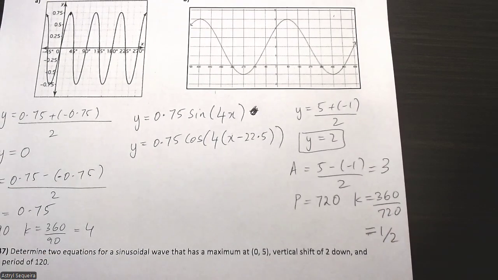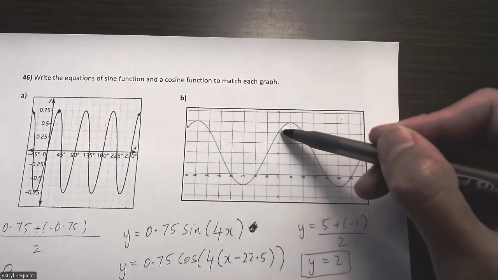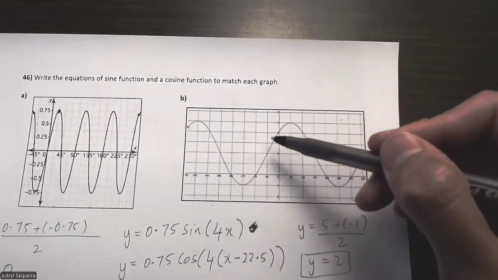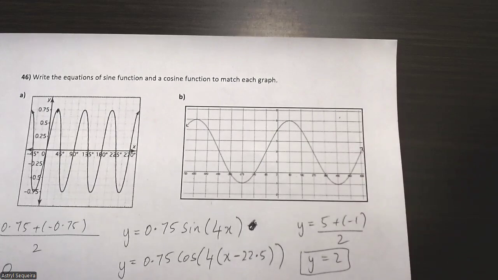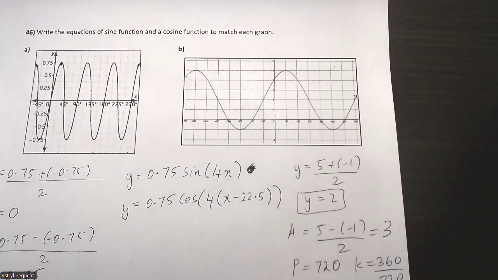And now I can write the 2 equations for the sine and cosine function. Looking at the y-intercept here, this neither starts at the max or the axis point, which means there's going to be a phase shift for both the sine and the cosine wave for this function. Let's start with the sine graph.